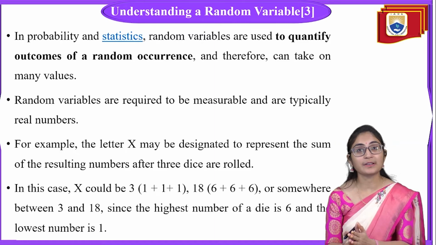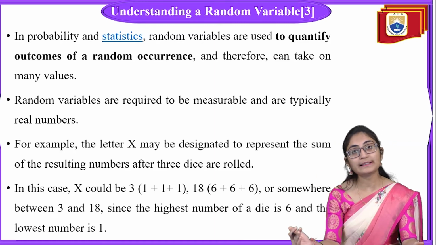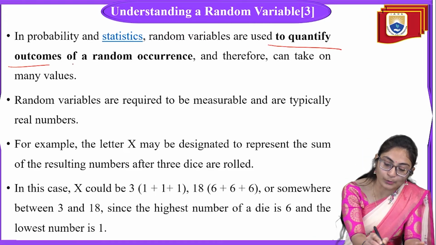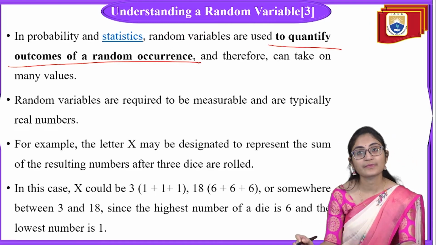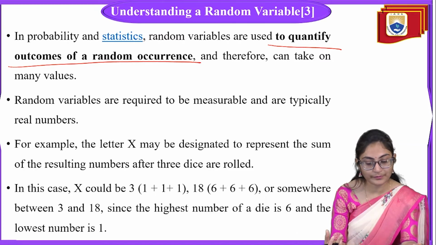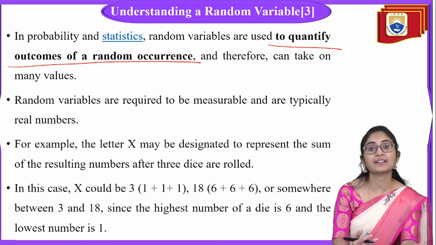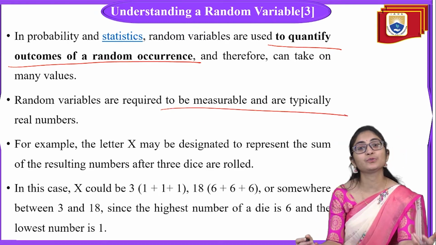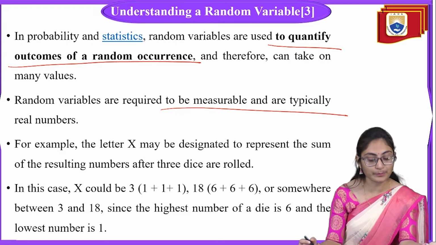Now, understanding a random variable. In probability and statistics, random variables are used to quantify the outcomes of a random occurrence, and therefore they can take many values. Random variables are required to be measurable and are typically real numbers.